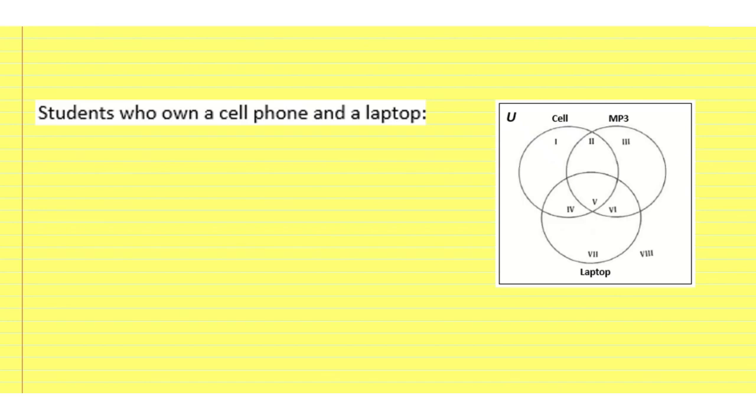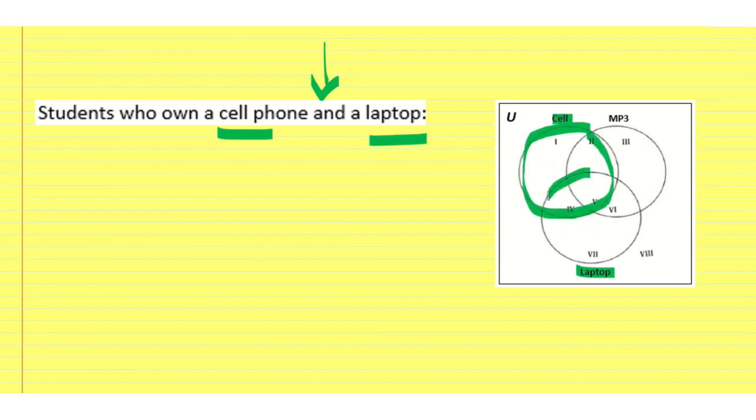Okay, the next question says, students who own a cell phone and a laptop. So let's go find the cell phone circle and the laptop circle. And that's going to be this one and this one, this circle.